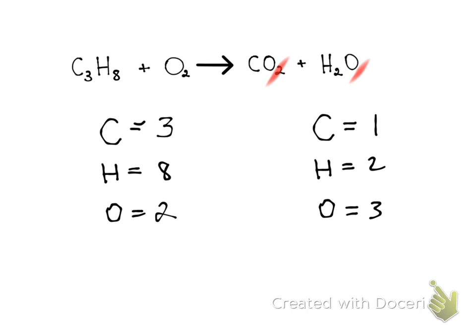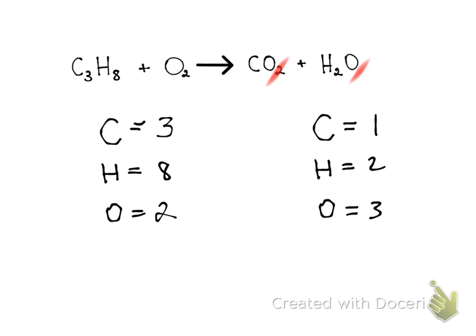So now let's try to balance both sides by adding coefficients in front of the molecules and seeing how that changes the number of elements on each side. So I'm going to try to start with maybe increasing the number of carbons on the right hand side. So I'm going to write in red.